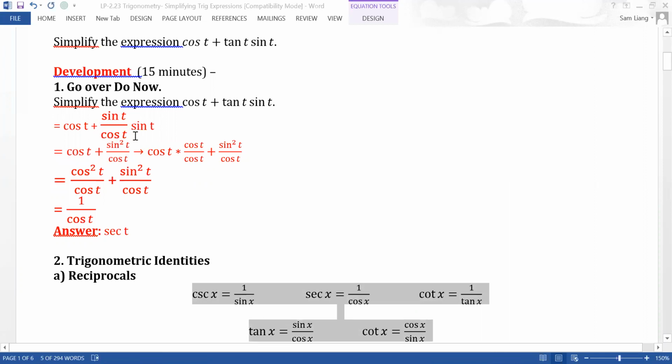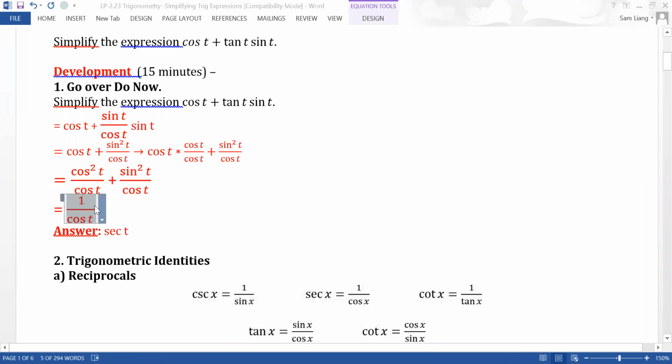Either way, tangent can be seen as sine over cosine. Then we use the Pythagorean identity, sine squared t plus cosine squared t is 1. And then we use the reciprocal identity, 1 over cosine is secant, right? So just pull in multiple different pieces to solve this expression.